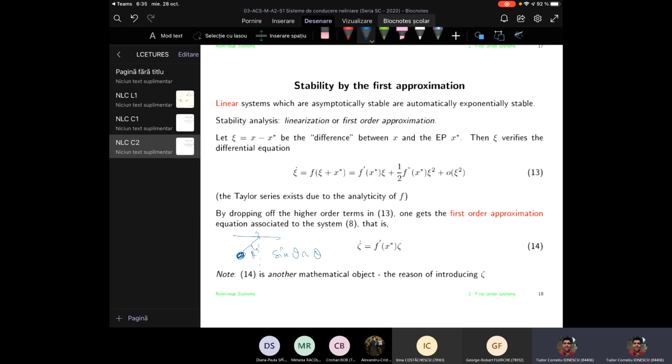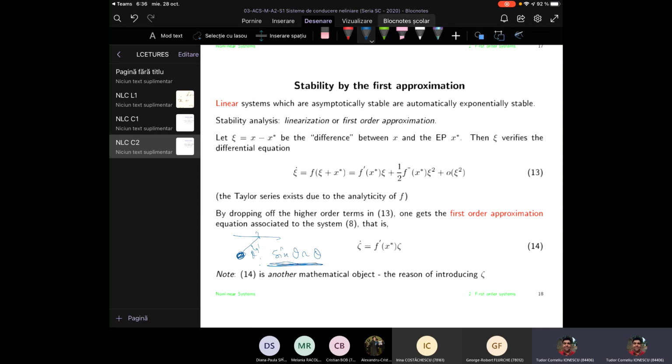And we have seen that. So this is what first approximation means, when you can write this kind of approximations, and you can assess stability just by looking at these approximations. So local stability can be easily inferred from the analysis of the linearized terms around the equilibrium point.